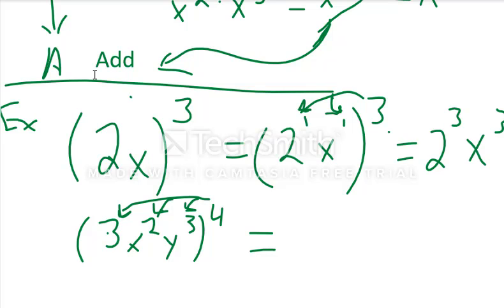So 3 to the 4th power, x squared to the 4th power, 2 times 4 is 8, so it's x to the 8th power, and y to the 3rd power taken to the 4th power, 3 times 4 is 12, so y to the 12th power. As we look at that and simplify that, that's how it's going to look.